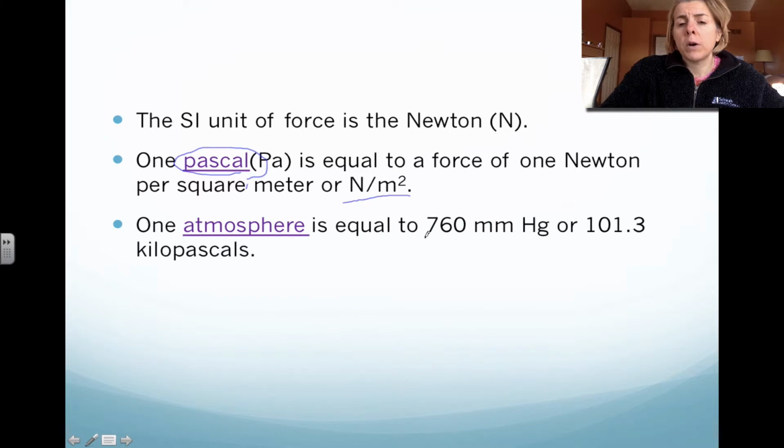Notice that 1 atmosphere is equal to 760 millimeters of mercury, going back to that barometer, the height of mercury for 1 atmosphere. Another unit that you will see with gas pressure is 101.3 kilopascals. So get yourself familiar with these units, because you'll see them over and over again with gases.